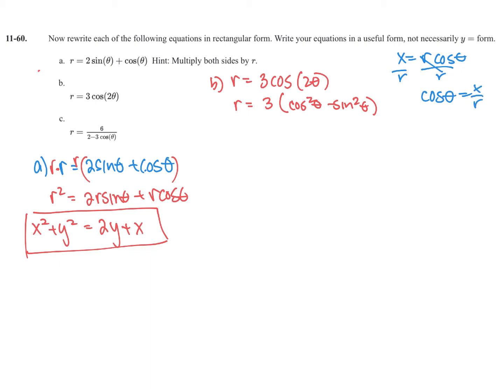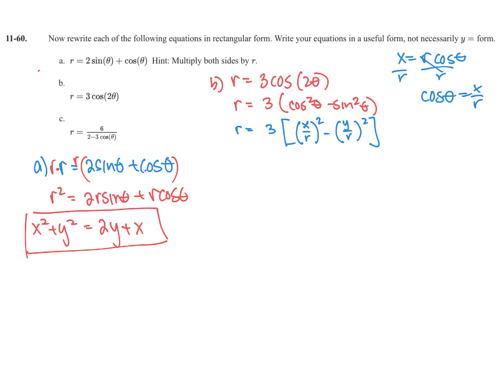I'm going to use that, and do the same with the sine. So I'm going to rewrite this as r equals 3, and I'm going to use a bracket, with parentheses something squared, the cosine is x over r, minus parentheses something squared, and inside here would be y over r.